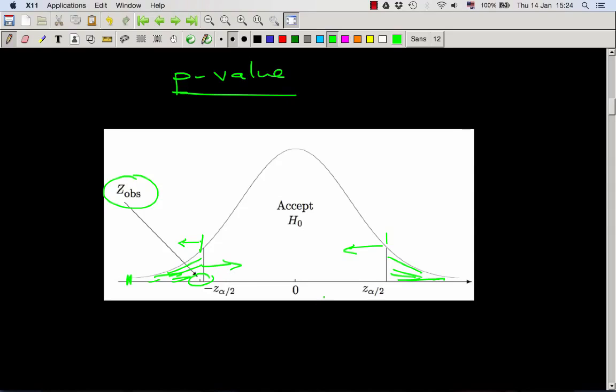So the p-value is the boundary value between the accept case and the reject case. It is exactly the lowest significance level alpha that forces rejection of H0. And at the same time, it's the highest significance level alpha that forces acceptance of H0.